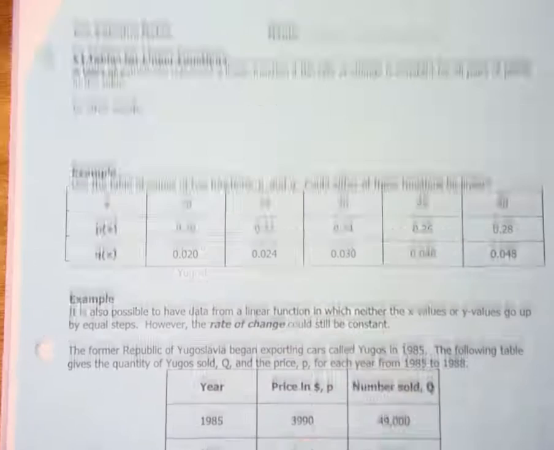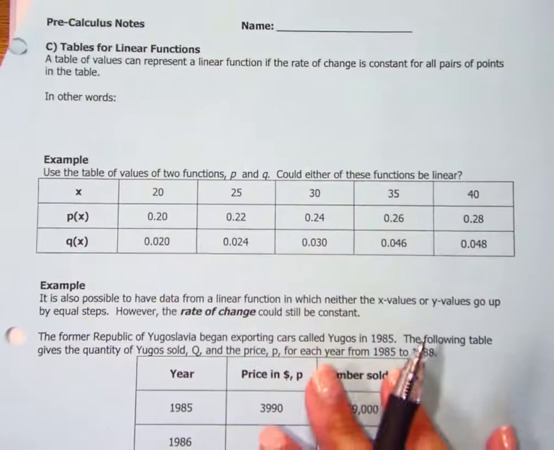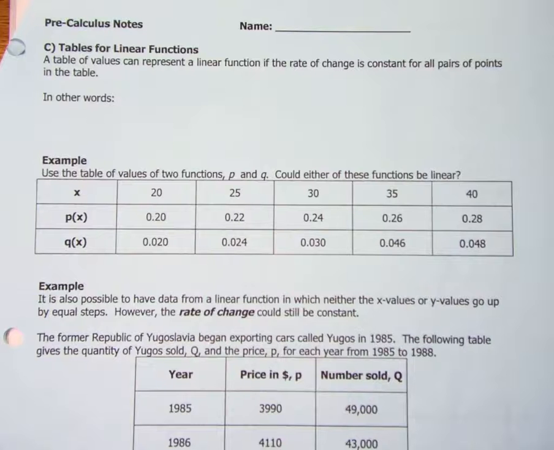All right. Kind of like in your warm-up, you had that table and were asked if it was a linear function. We can see now how we'll do that, looking at the rate of change.